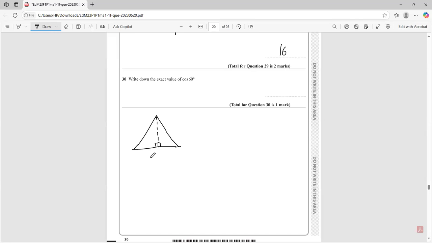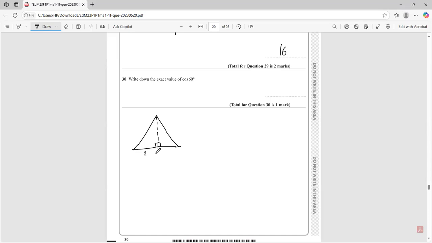Now, if at any point you don't understand it, just call my attention so I can stop and re-explain. Another property of this triangle is that the height that comes from the vertex divides the side it meets into two equal parts. Now let us assume that from here to here is the value 1.